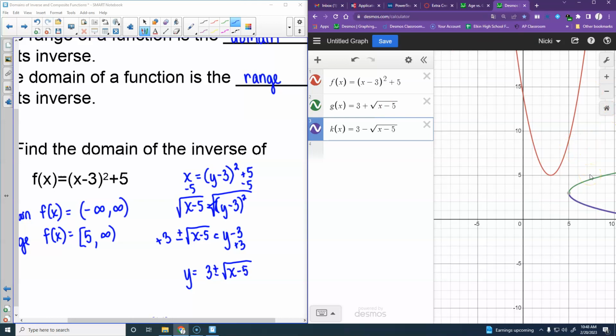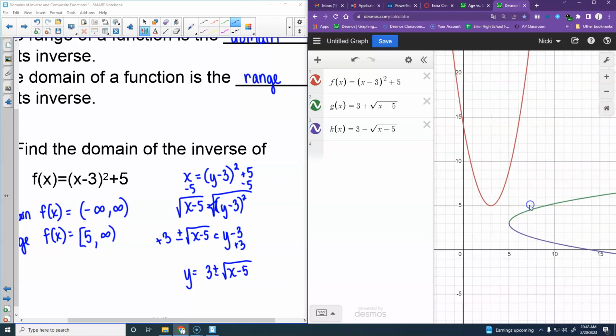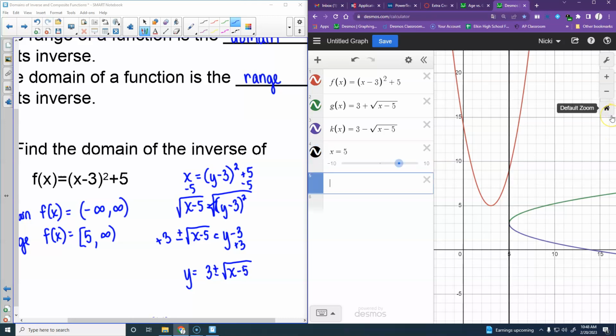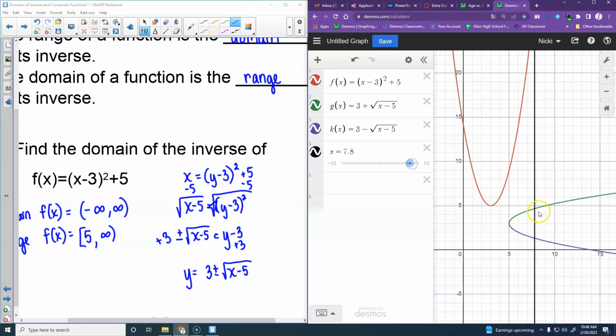Also, you remember doing a vertical line test way back in Math 1? If I have a vertical line, x equals 5 plus, and I'm going to put a slider on that, a vertical line here is crossing that graph twice, so it's technically not a function.